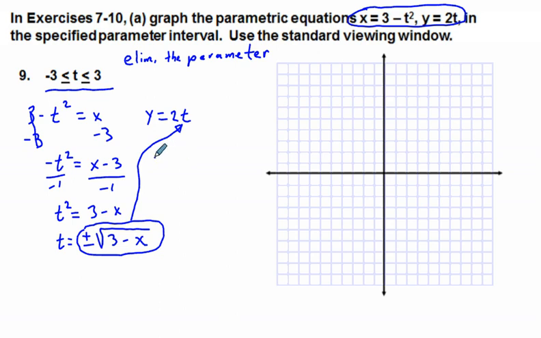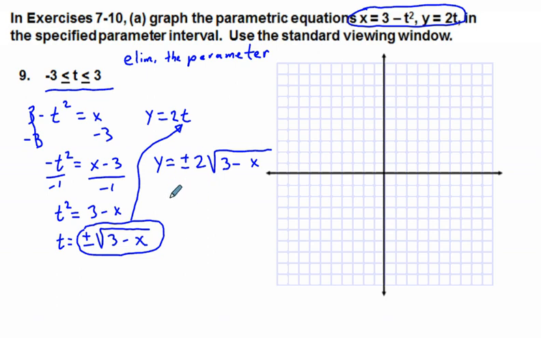So now we have y is equal to, and I'm going to put the plus or minus outside, plus or minus 2 square root of 3 minus x. And because we have the plus or minus, we have to separate this into two equations, or two functions, because this is not a function.